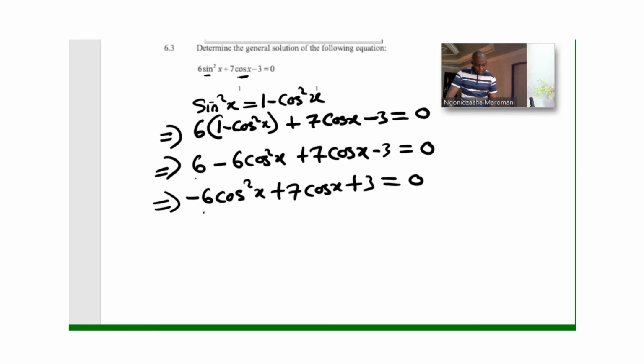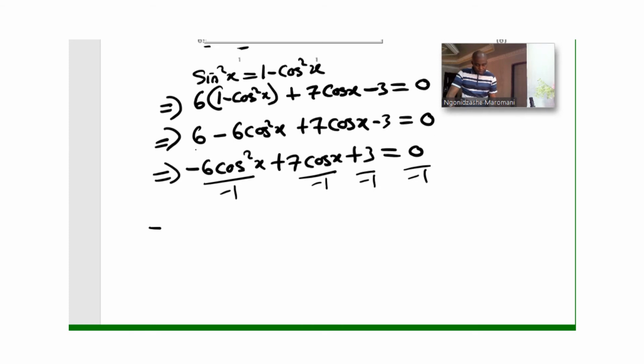Then from there we divide by minus 1, which implies it now becomes 6 cos squared x minus 7 cos x minus 3 is equal to 0.